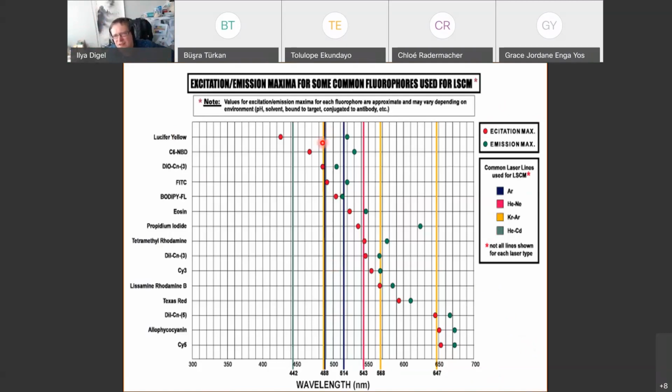Basically, you see which laser sources are better compatible with which fluorophore. So in all cases, you need to check both. Depending on the laser tube, you have a certain choice, a certain group of fluorophores you can use for microscopy.